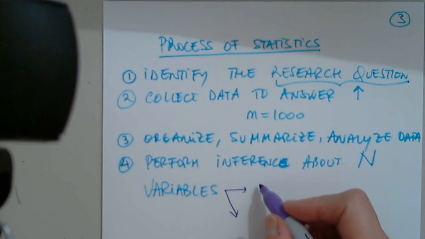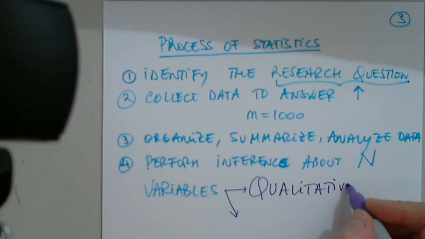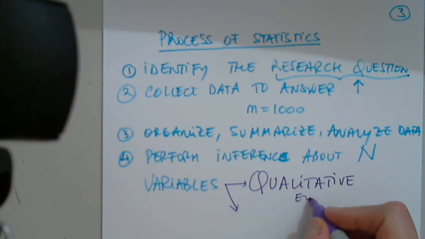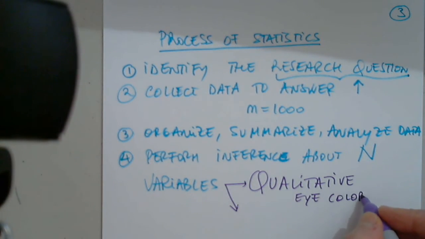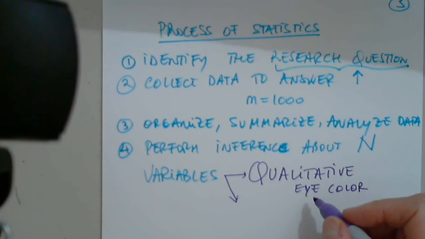What is called qualitative. What is qualitative? Eye color. Social Security number.